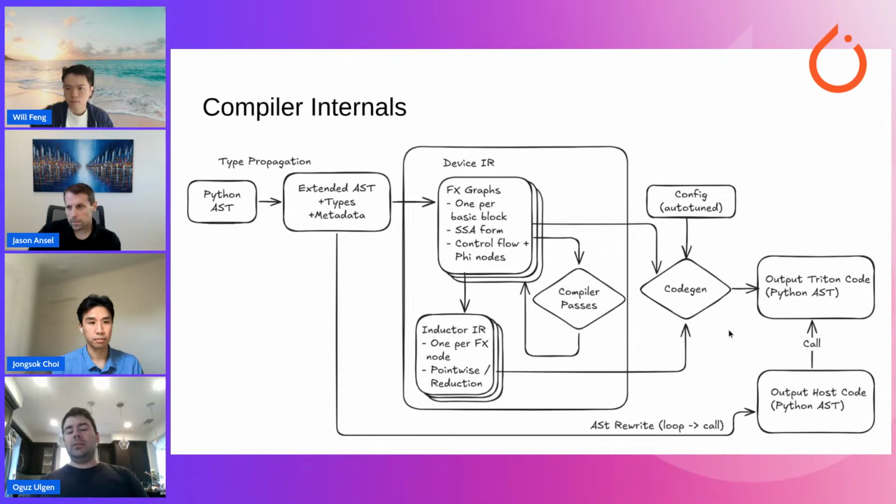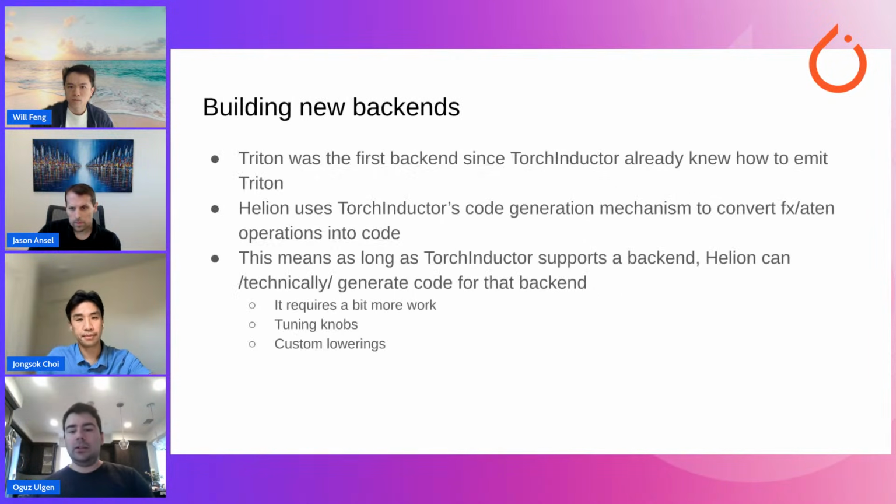For code gen, we have FX operations and ATen operations, and we didn't want to re-implement all the hard work that Torch Inductor does when it converts these FX ATen operations into Triton output code. So we are taking advantage of Inductor's existing ability to code gen kernels for these operations. And that's why we started with Triton as our first backend.